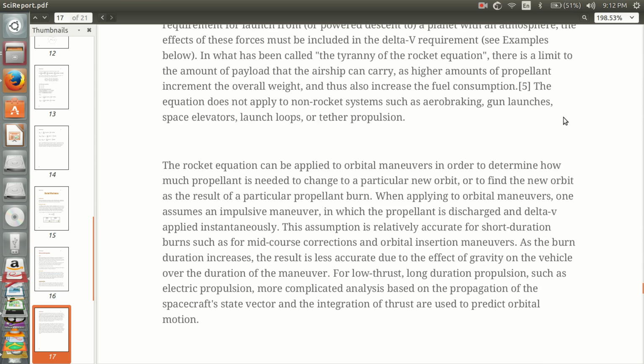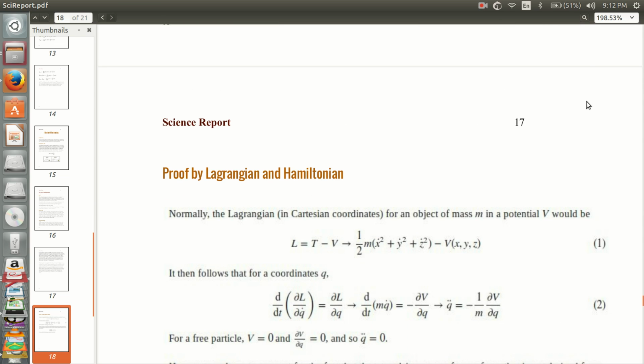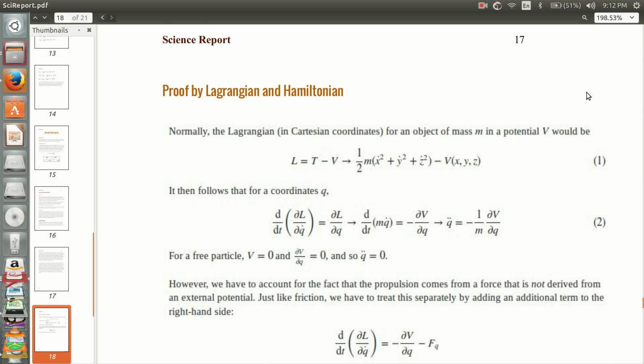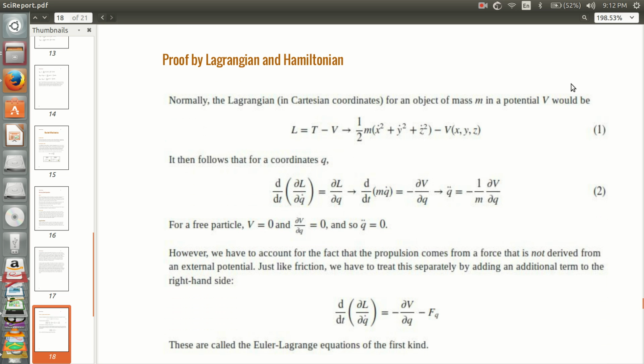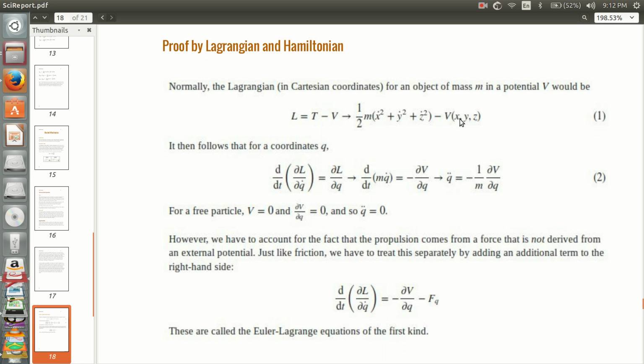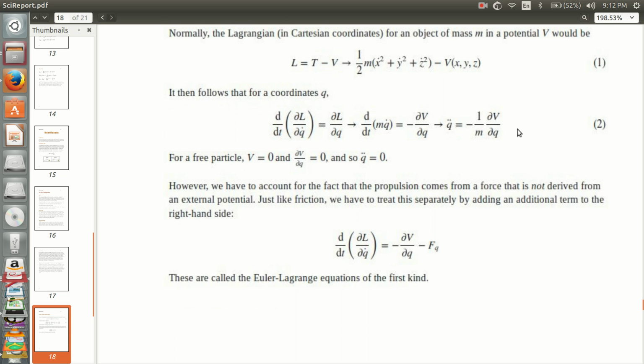Now coming directly to the proof of the rocket equation by Lagrangian and Hamiltonian. As we know, the Lagrangian equals kinetic energy minus potential energy, and our kinetic energy is given by half m (x dot squared plus y dot squared plus z dot squared) minus the potential energy, which depends on the position vector, that is, on the x, y, z coordinates.